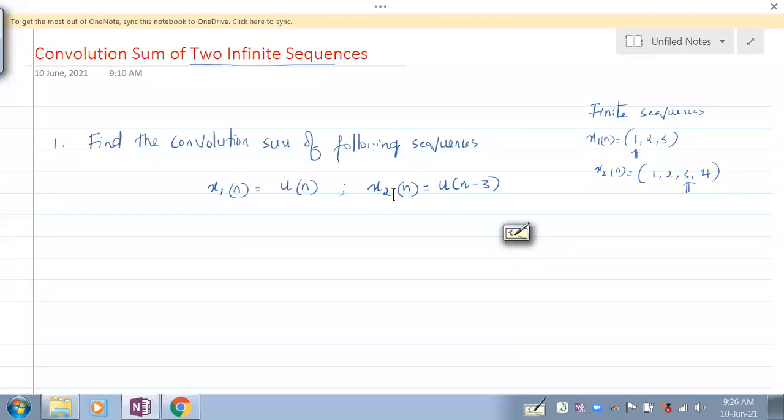Only the people coming from the dugout to congratulate them are moving. Understand that? Since we have to find the convolution, what we need to do is this: y of n is equal to x1 of n convolution sum x2 of n.